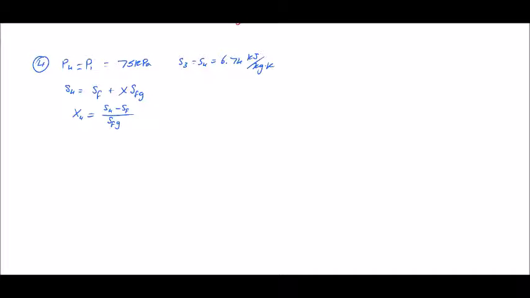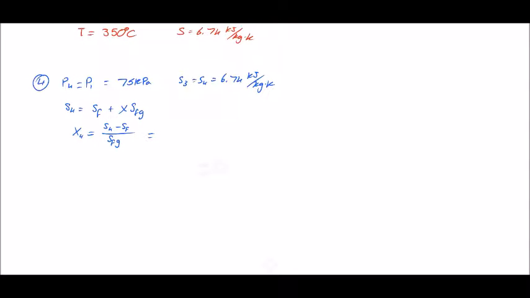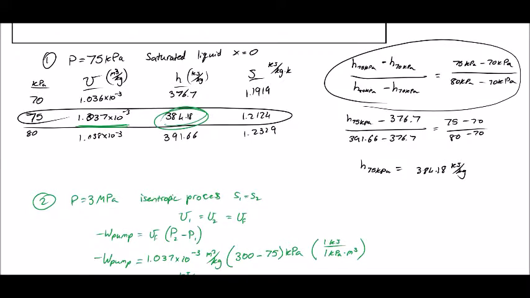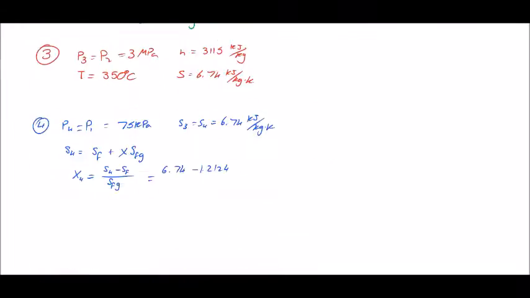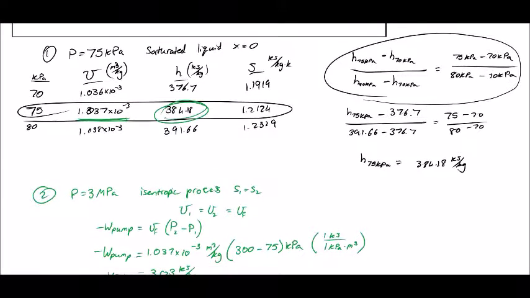We have all these lovely figures, so we can then just plug it straight in. That's going to equal 6.74 minus 1.2124. This can be interpolated from your property book, or you can use the same numbers that we found up above, right here. It's these values right there.